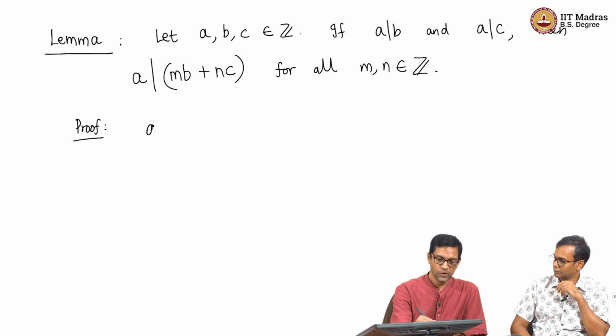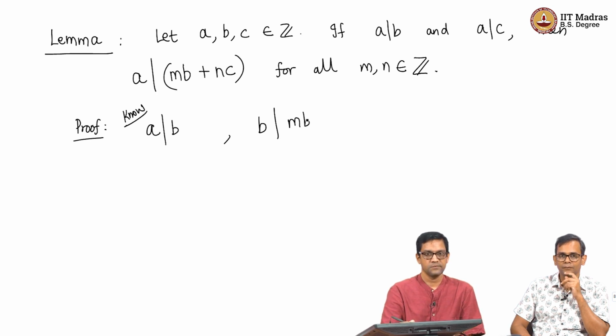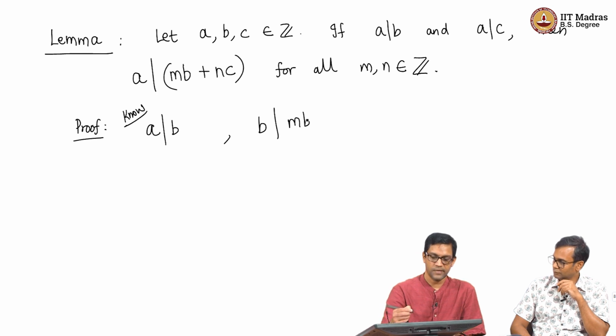So observe, we already proved the following. So if A divides B, then okay, and so observe the following. We know this. We are given this. We know that A divides B. Now what we already also know is that B certainly divides a multiple of B. Okay, B certainly divides m times B by definition, right?